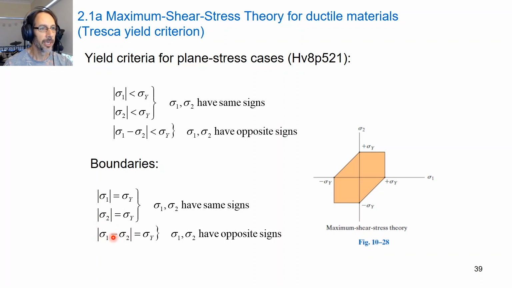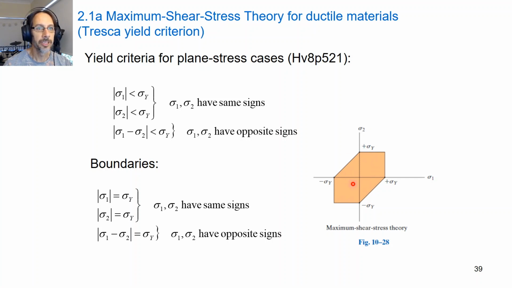But in the case where we have biaxial stress, which is mostly the case, by the way, as you probably should recognize from doing your stress analysis problems, doing Mohr's circle, in most of those cases, if not all, you had stresses with opposite signs. So the important thing about that is that if you have the principal stresses with opposite signs, then yielding will occur at a principal stress value less than the yield stress.